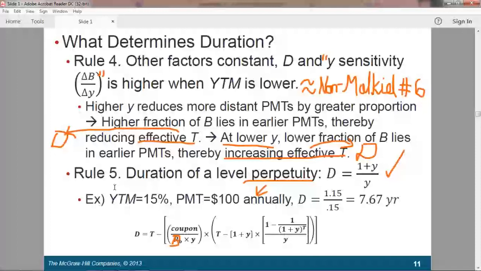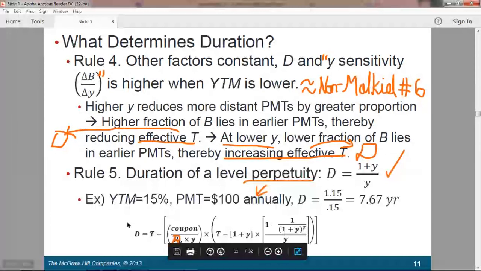But a perpetuity goes on forever. So if it is a perpetuity, the duration is 1 plus y over y.